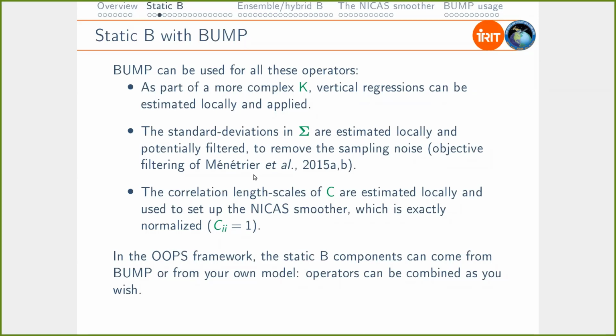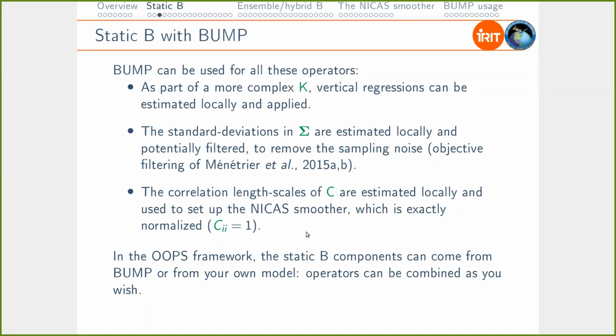The static deviations in sigma can also be estimated locally and filtered to remove the sampling noise. And the correlation length scales of the correlation operator are also estimated locally, and we'll see how. Then it's used to set up the NICAS smoother, which is exactly normalized. It's important to have the diagonal at 1 so that we have a real correlation operator.